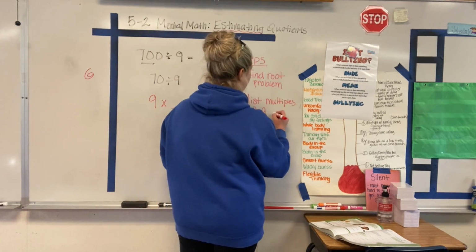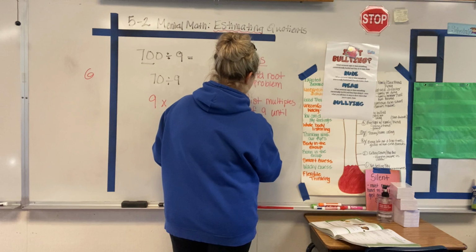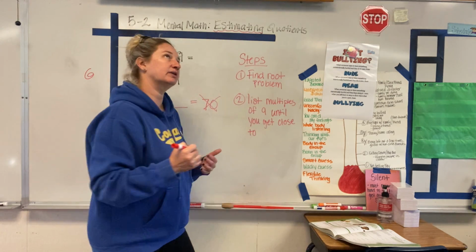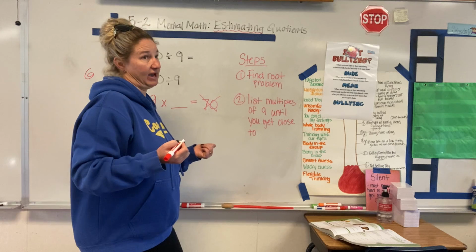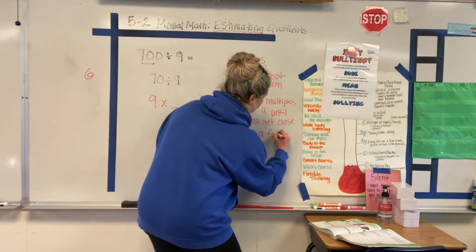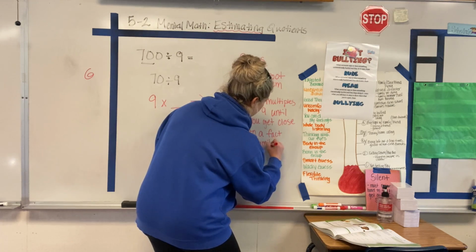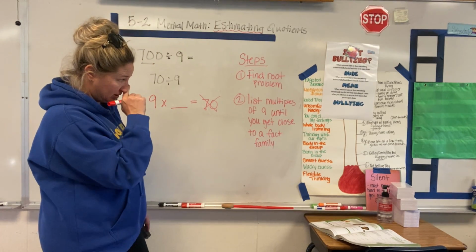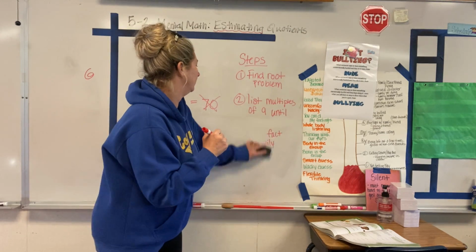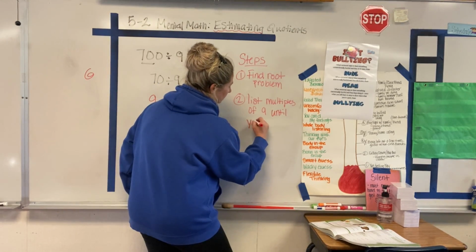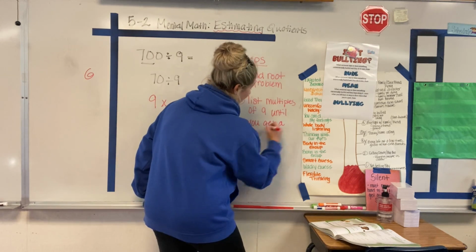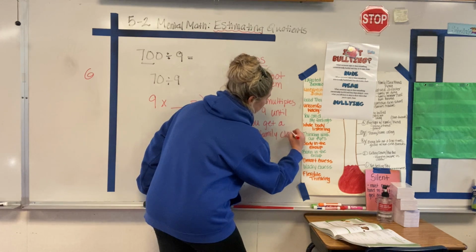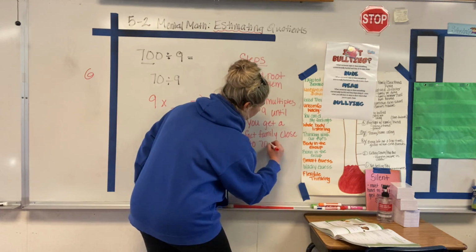List multiples of 9 until you get a fact family close to 70 divided by 9.